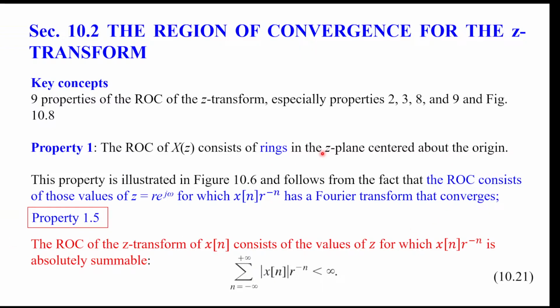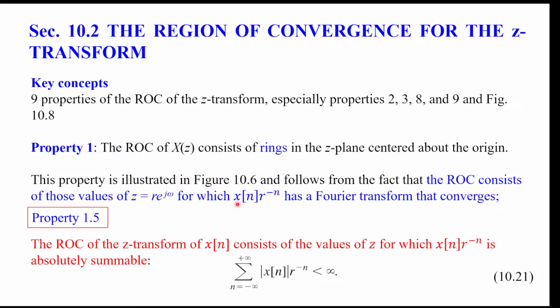So we say that the Fourier transform for a discrete signal either exists or doesn't exist for every omega. So either the whole ring is inside the ROC or not. Because the Fourier transform only exists for the full ring or not, the ROC of the Z transform will also consist of rings.